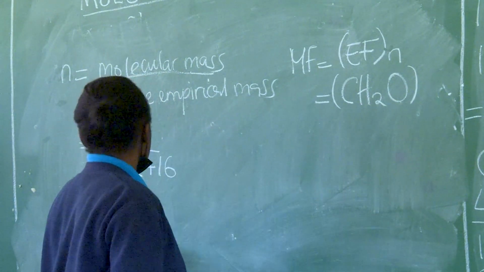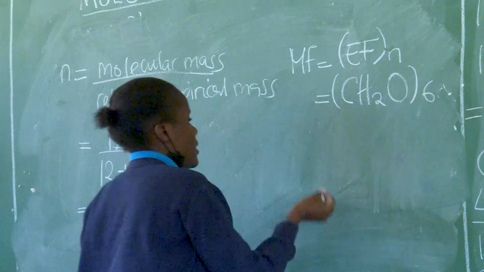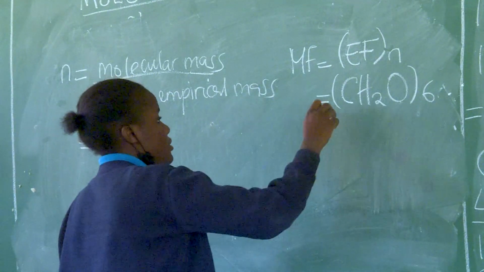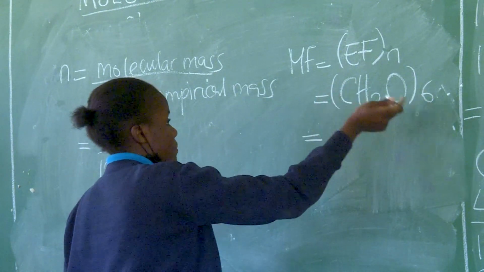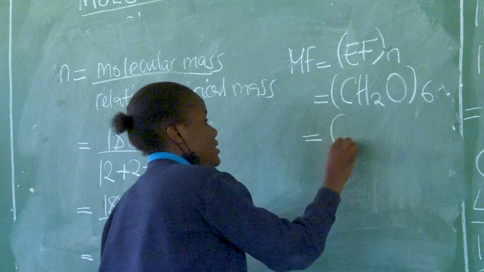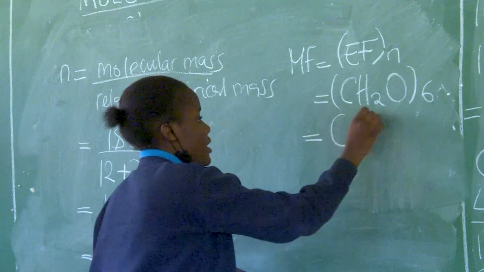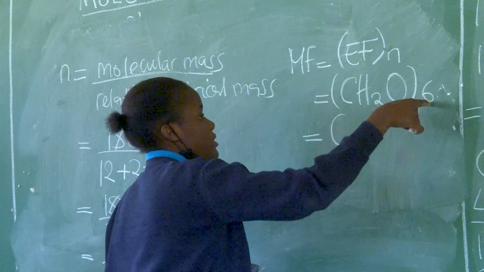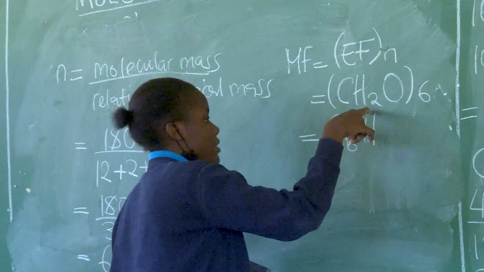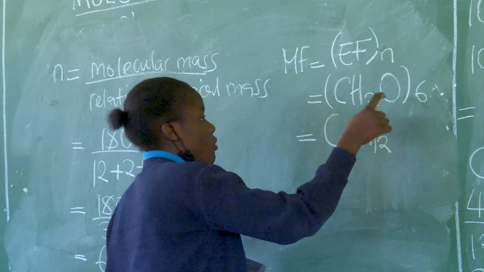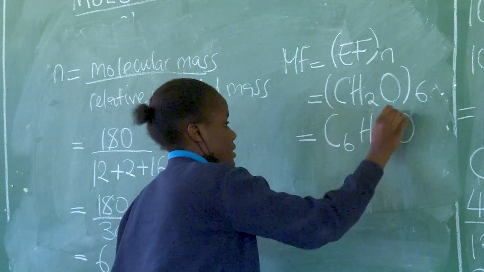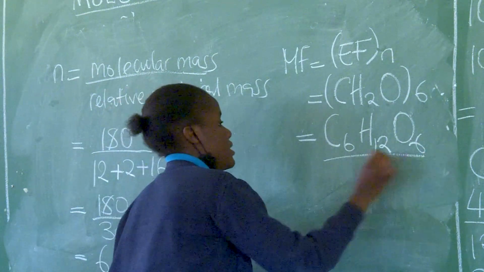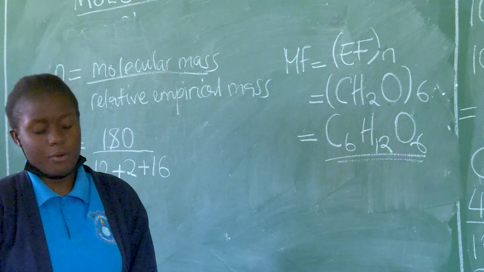Then the whole number multiple is 6. Then we multiply. So this 6 we multiply by each of these. So it will become C6. H is 6 multiplied by 2, 12. And then O multiplied by 6 becomes O6.